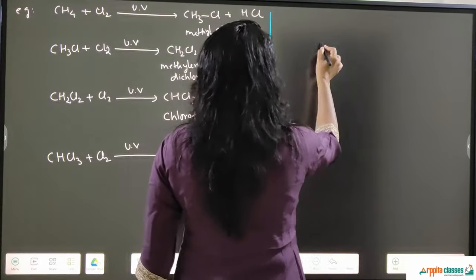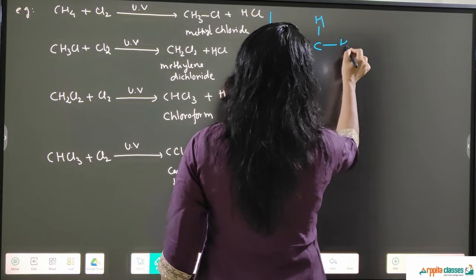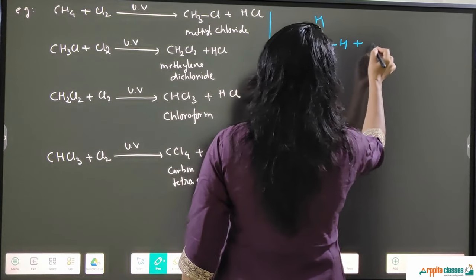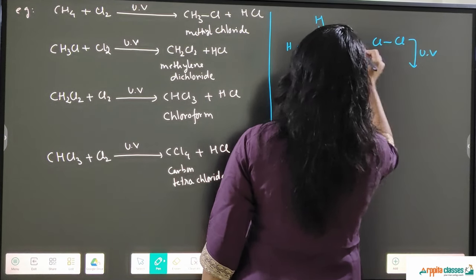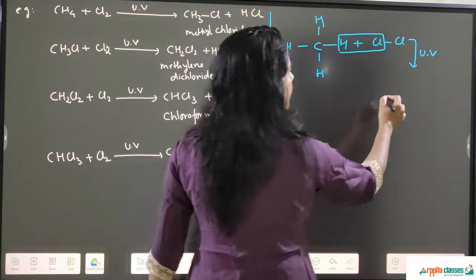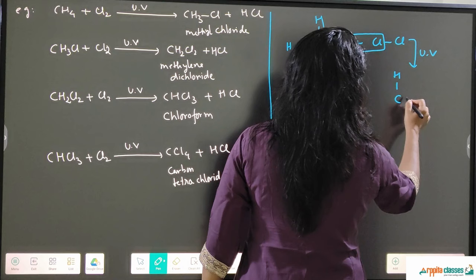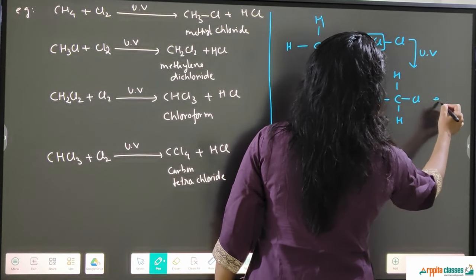So basically it is this way. There are 4 replaceable hydrogen in methane. This is 1st, 2nd, 3rd and 4th. So when you are reacting with chlorine in presence of UV, since it is a photochemical reaction, first this hydrogen is replaced by chlorine and you get a product like CH3Cl plus HCl.